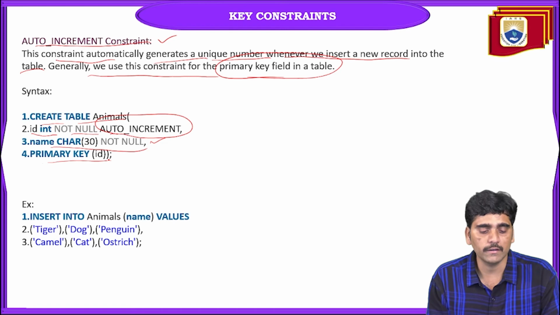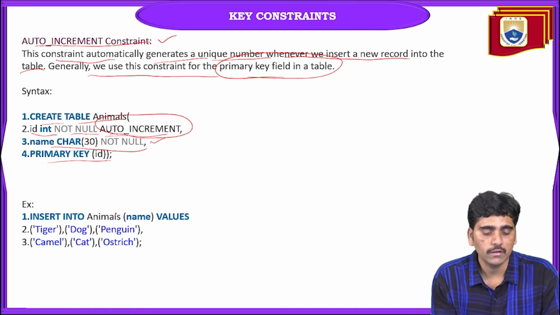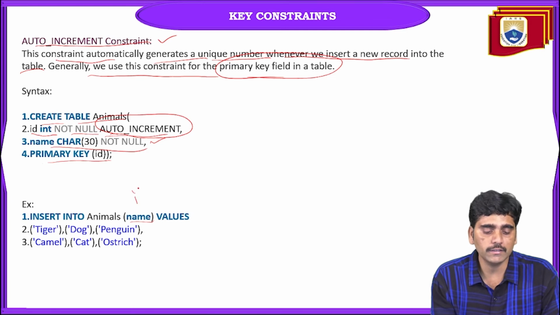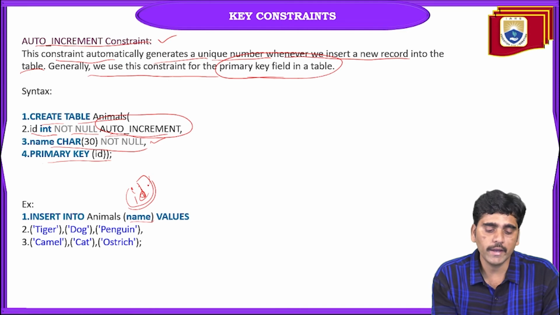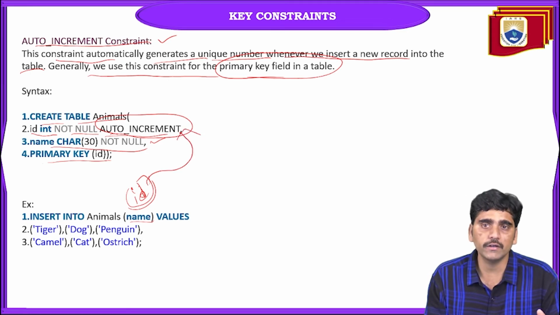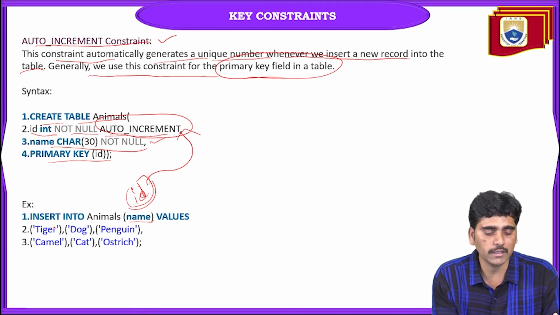So now, when you are inserting values, you can mention only the names, because you don't want to specify the ID separately. The ID is specified with the auto increment constraint, so the auto increment constraint will arrange all the auto-generated numbers for tiger, dog, penguin, camel, cat, ostrich.